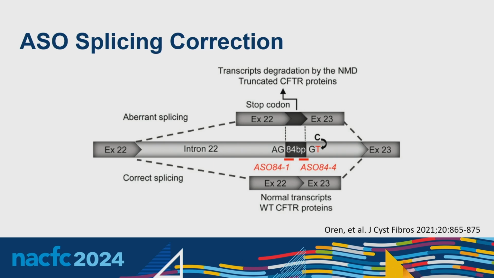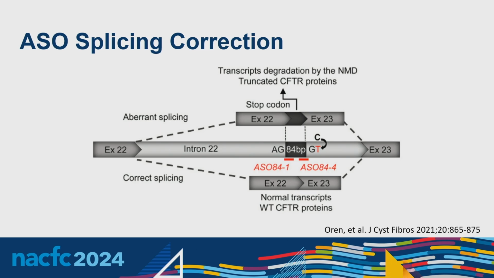So there's these 84 base pairs that should not be in the final product that goes out for translation. So now an extra 84 base pairs gets thrown in there. Something that should have been spliced out as an intron is now in that messenger RNA that's going for translation. And the problem is in those 84 base pairs, there's an inappropriate stop codon. So now we've got a protein that is functionally acting like a stop codon.